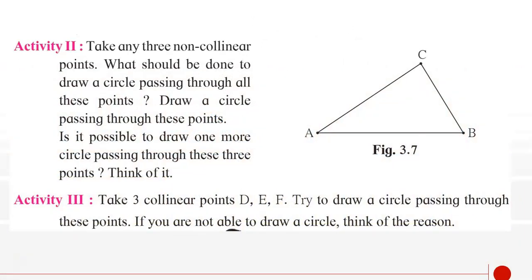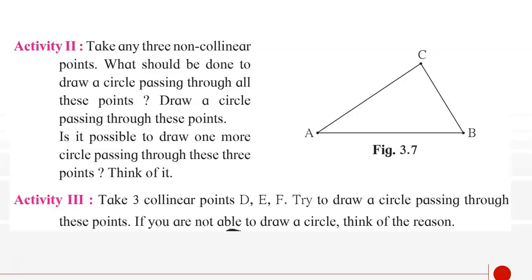Next activity. Take any three non-collinear points. Non-collinear points are points which are not in a straight line. What should be done to draw a circle passing through all these points? Think about it. Can you draw a circle passing through all 3 points?